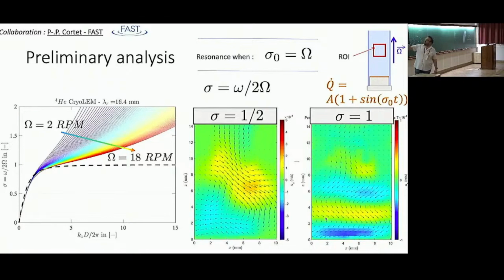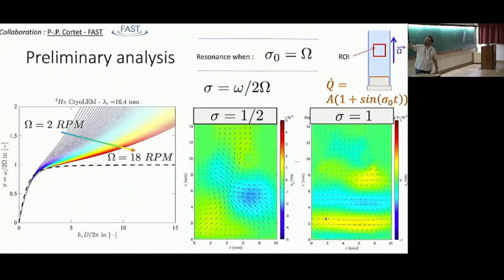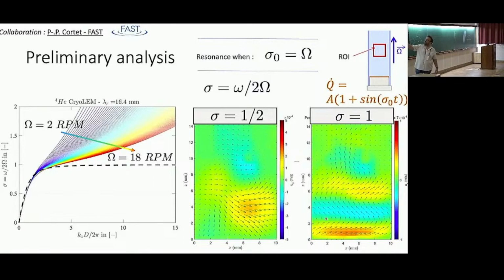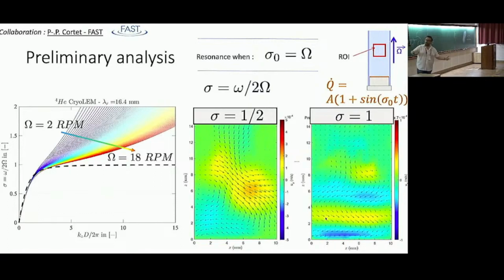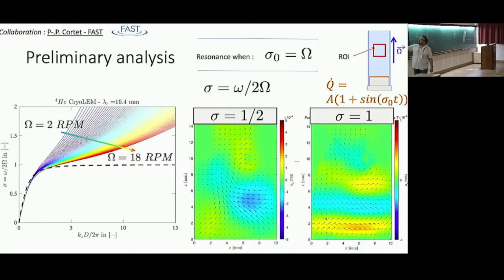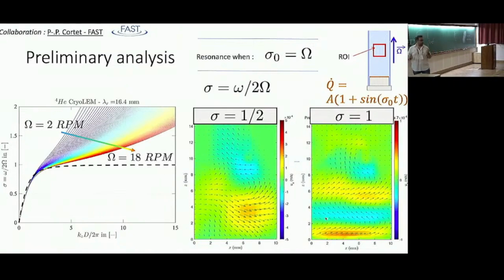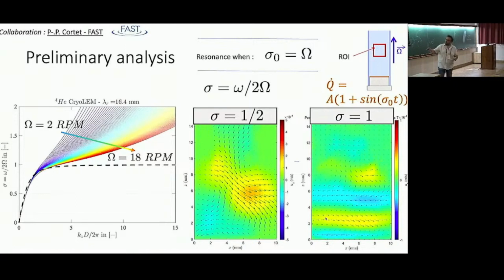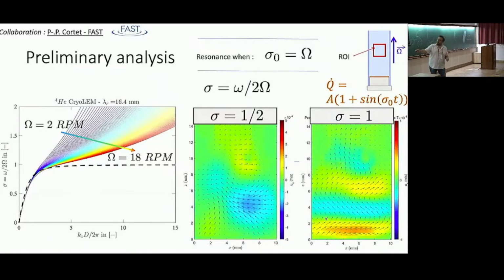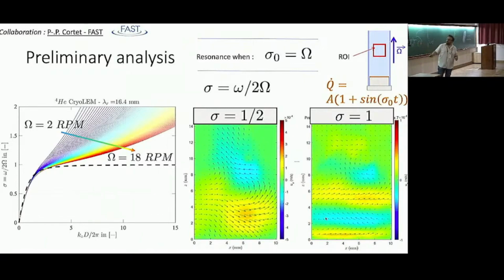So this gives these networks of dispersion relations as you evolve from 2 RPM, 2 rotations per minute, to 18 RPM, which are the ones that we measure, okay? So if you look at what happens at excitation equals the rotation speed of the experiment, well, it's 0.5 in this notation here. And there shouldn't be any differences in the wavelengths that we measure here.